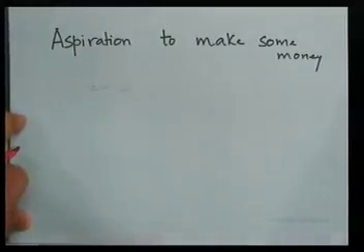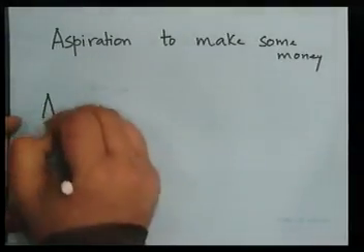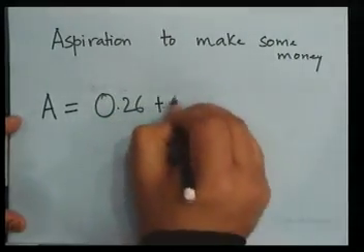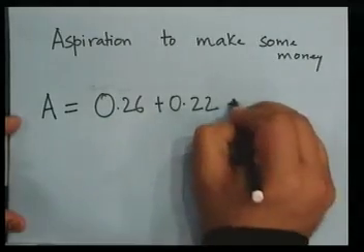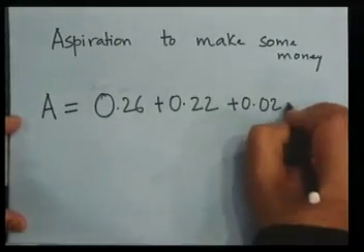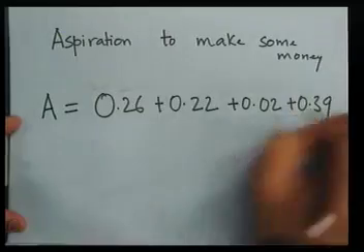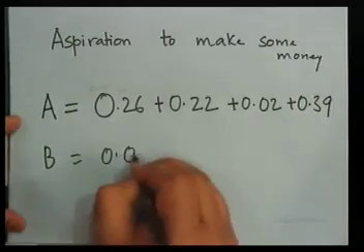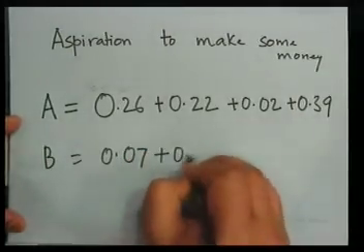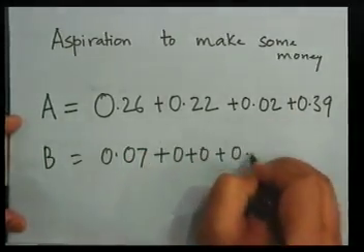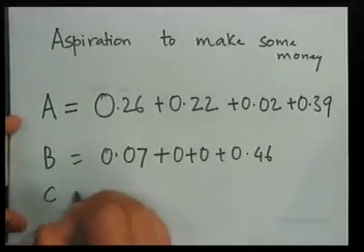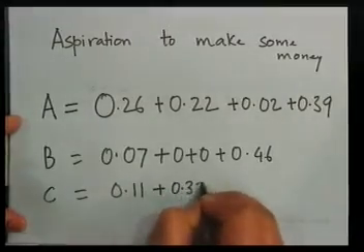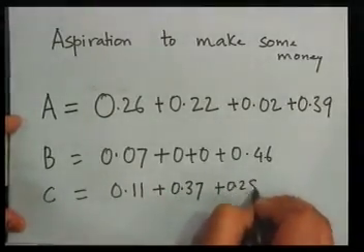So, what you will find? Corresponding to alternative A, you will get a value of 0.26 plus 0.22 plus 0.02 plus 0.39. Corresponding to alternative B, you will get a value of 0.07 plus 0 plus 0 plus 0.46, and corresponding to C, you will get a value of 0.11 plus 0.37 plus 0.28 plus 0.